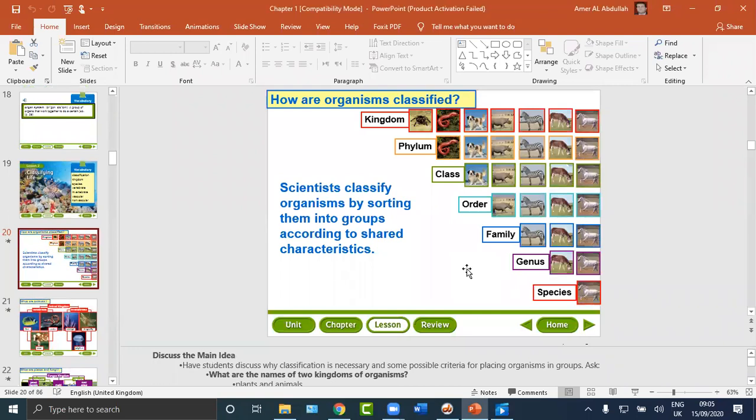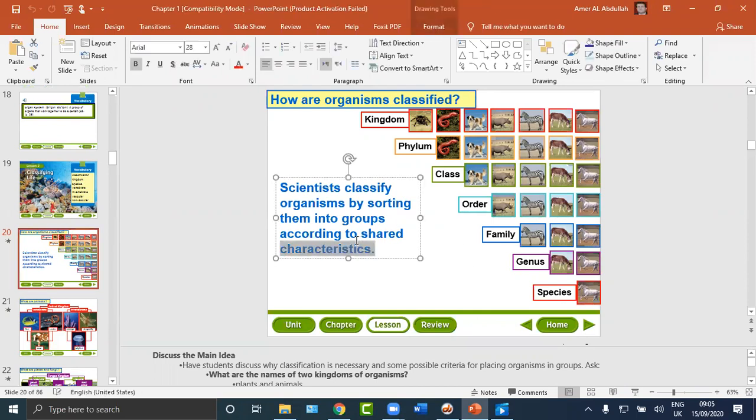How are organisms classified? Scientists classify organisms by sorting them into groups according to shared characteristics.